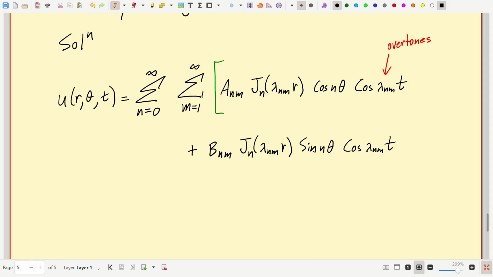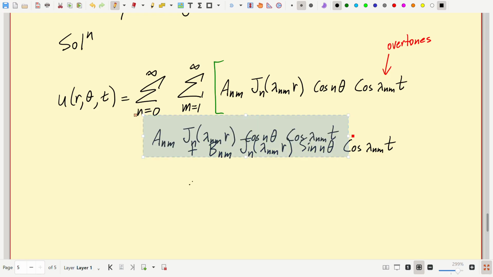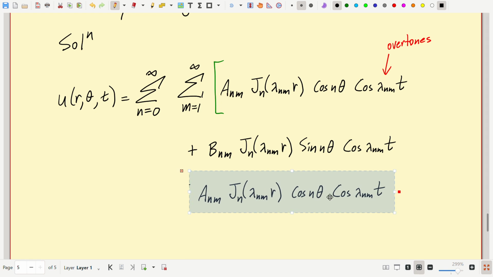And then I'll do that again. This one I'll need plus. I'll change these to C's. Those are the same. And now I'll go back to cosine n theta. But now I'll make this one be a sine. So you get gobs and gobs of solutions. And you need them all.